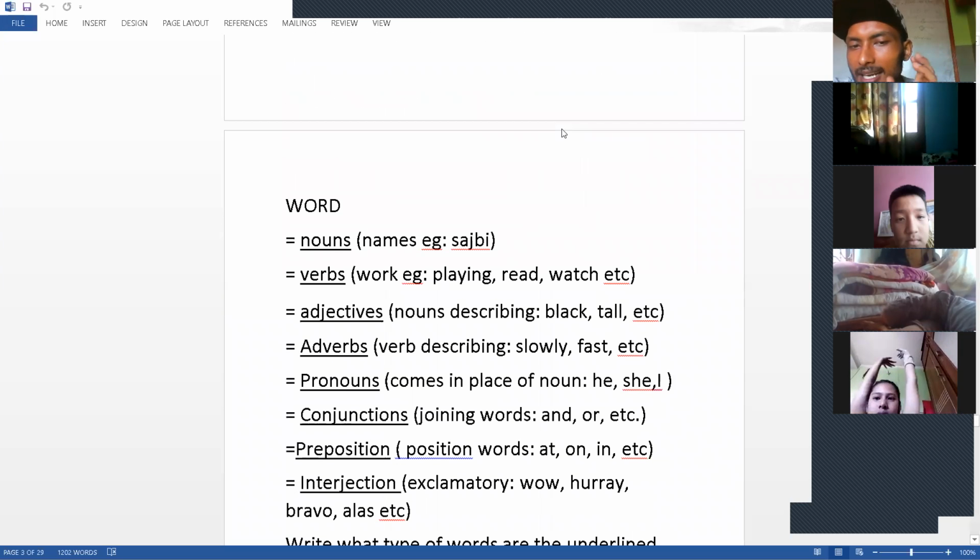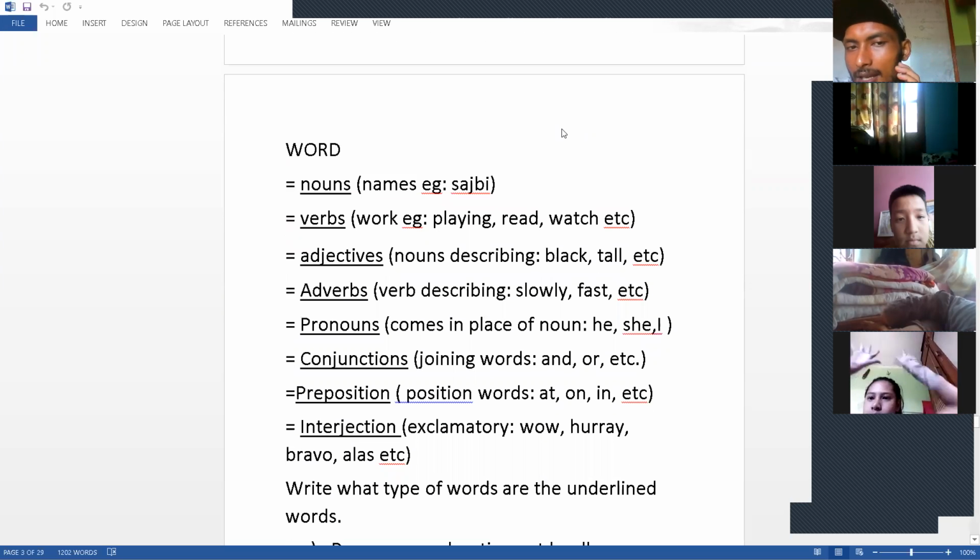And when we write sentences, there are 8 types of words in English: nouns, names; verbs, work, things that we do. Adjectives means something that describes a noun, tells us about the noun, what kind of noun it is. Those are called adjectives.